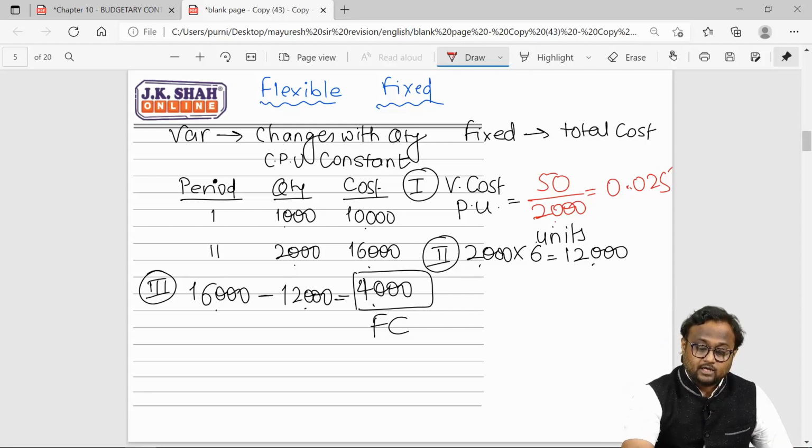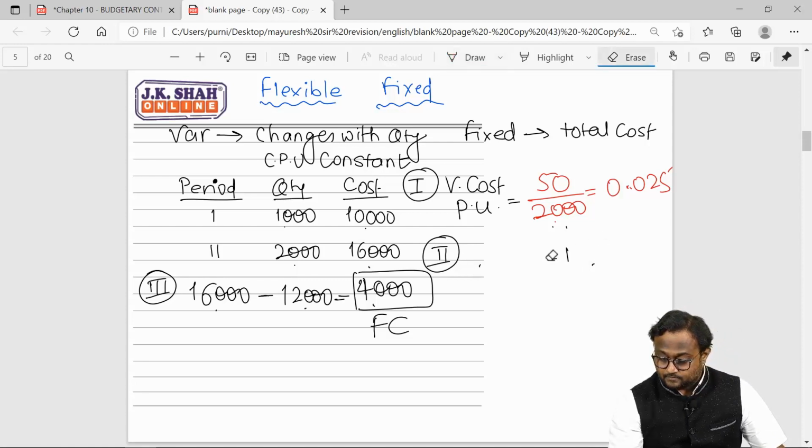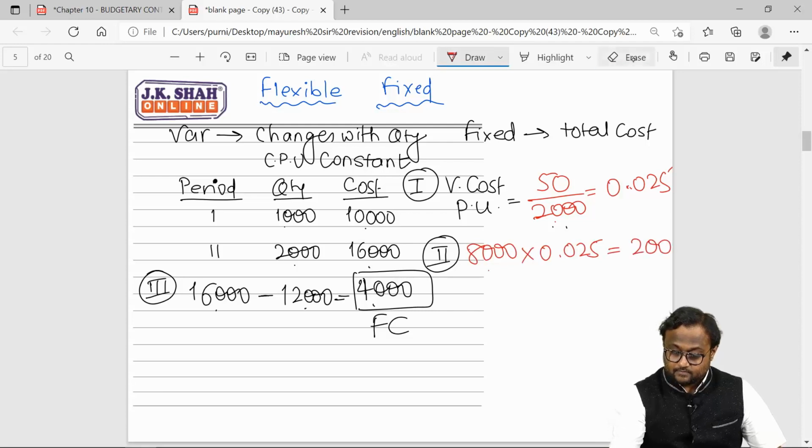I am applying the first quantity, 8000. So 200 is my variable cost as per the calculation, guys. 8000 into 0.025, 200.